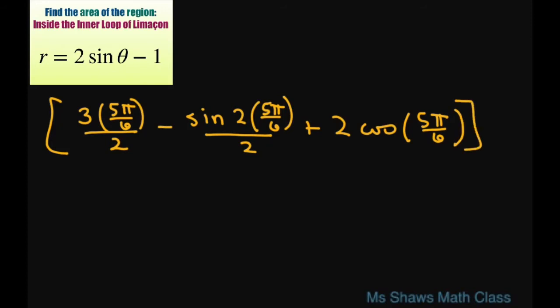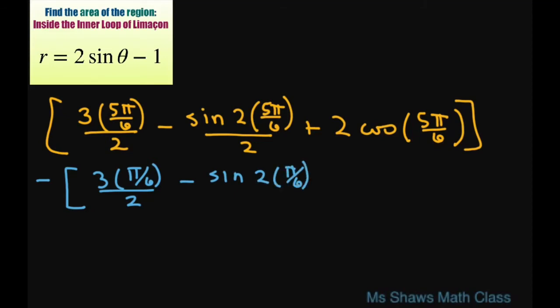And then we're going to subtract 3 times pi divided by 6, divided by 2, minus sine of 2 times pi divided by 6, all divided by 2, plus 2 cosine of pi divided by 6.